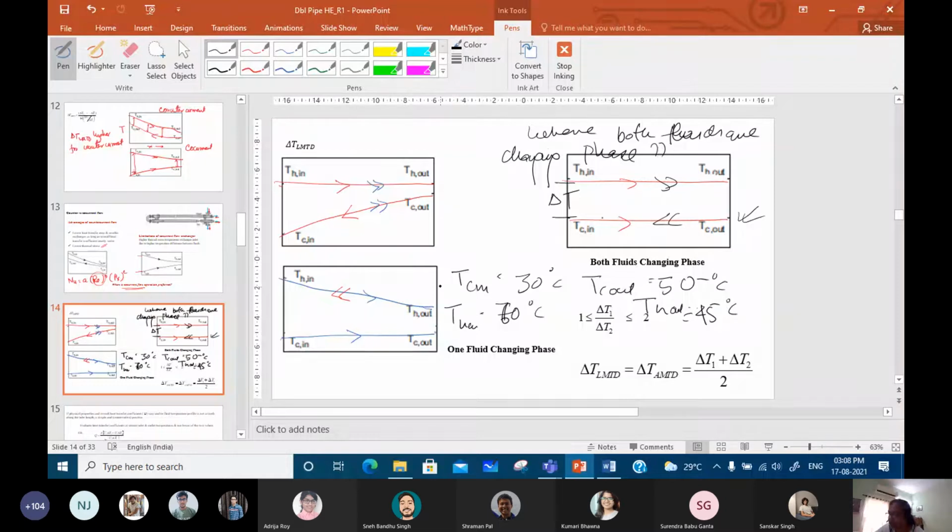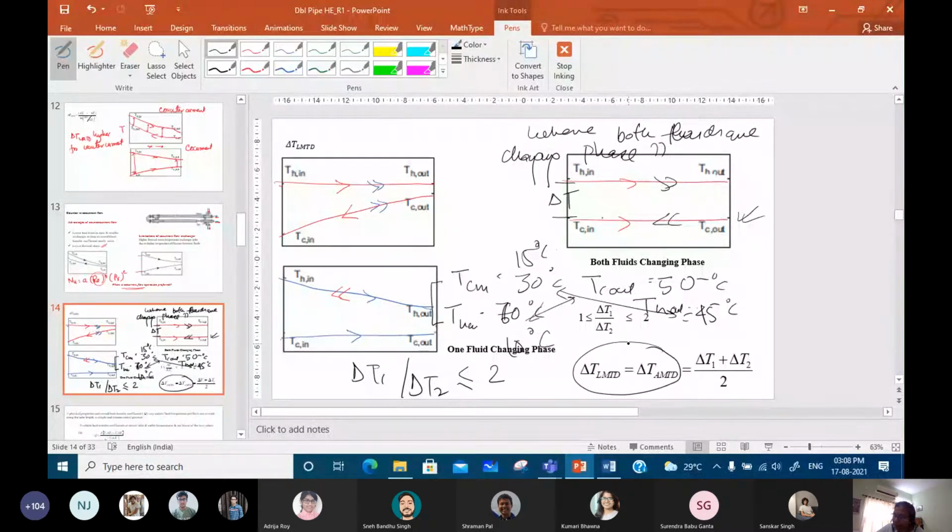For such a case, Th in minus Tc out is about 10 degrees centigrade, and the other is about 15 degrees centigrade. When delta T1 by delta T2 is less than or equal to 2, you will find that your arithmetic mean temperature difference and the log mean temperature difference vary within 4 to 5%, not more.